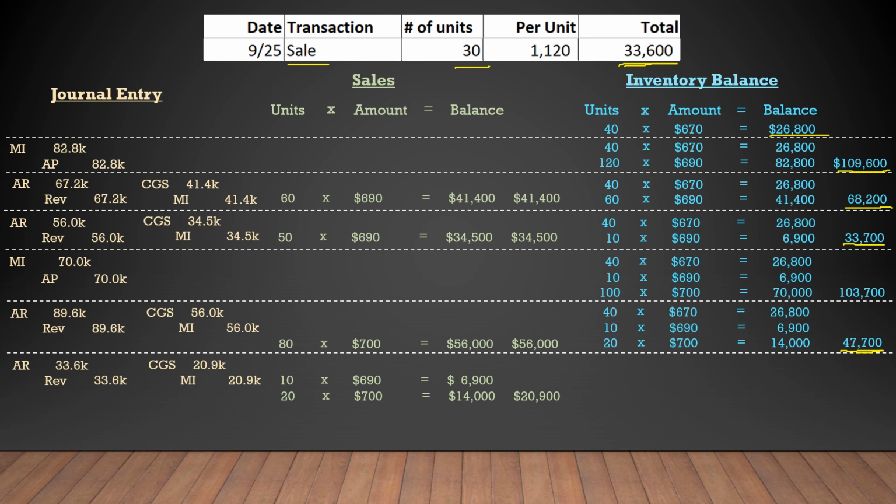These 30 units sold completely consumed our 2 most recent inventory layers. All we have left is our beginning inventory of 40 units at $670 per unit, for a total inventory balance of $26,800.